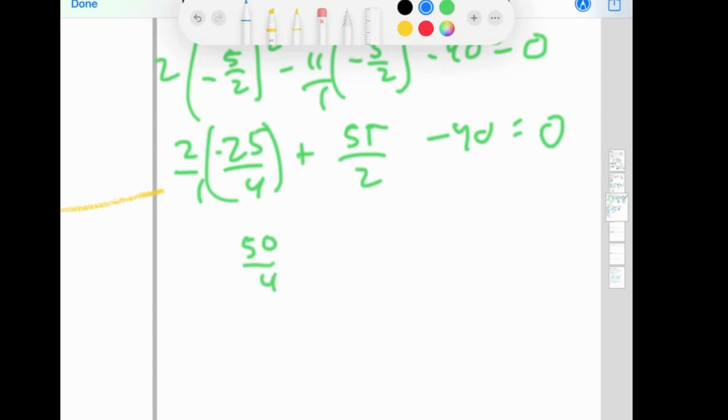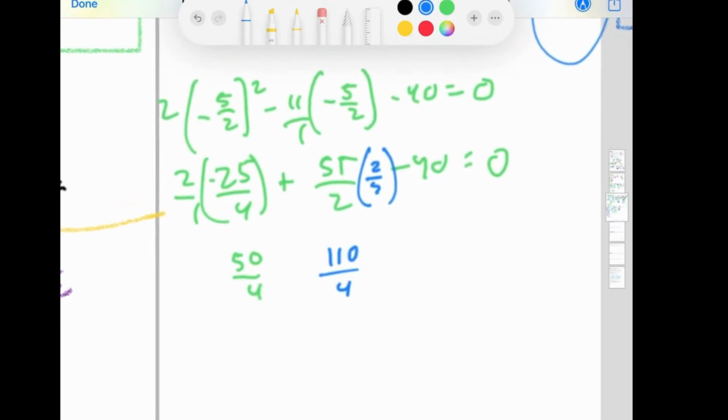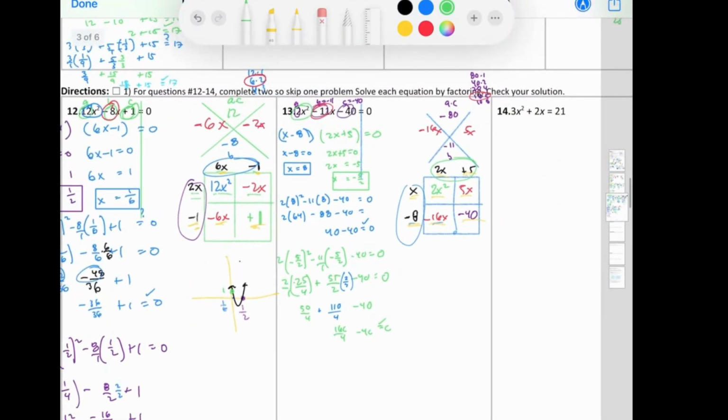I need an equivalent fraction here. So this will give me 110 over 4. 25 over 4. 55 over 2, okay. Let's see, that is right, oh yeah. So 160 over 4 is 40, and 40 minus 40 is 0. It works.